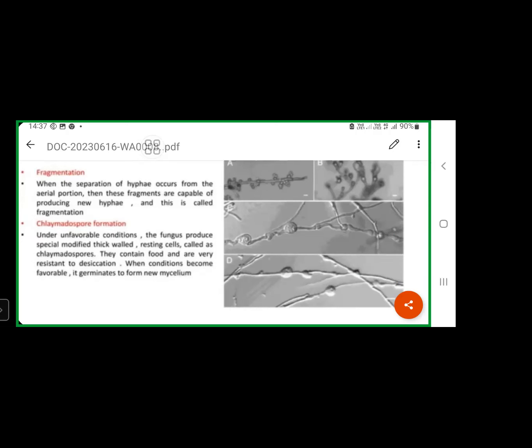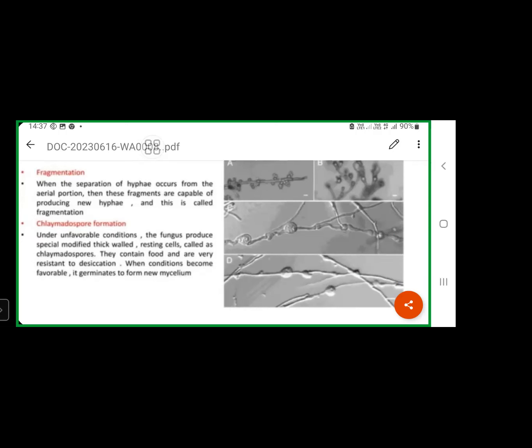Once conditions are favorable, the chlamydospores start germination and produce new mycelium. Like this, Mucor reproduces by chlamydospores in unfavorable conditions.